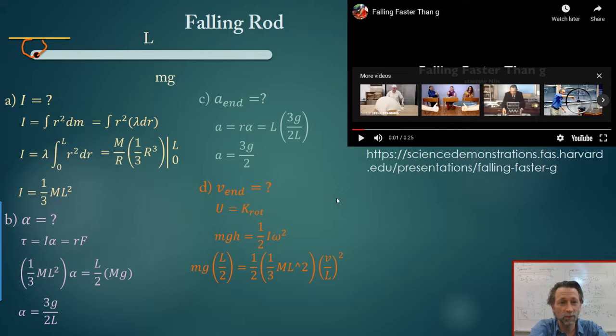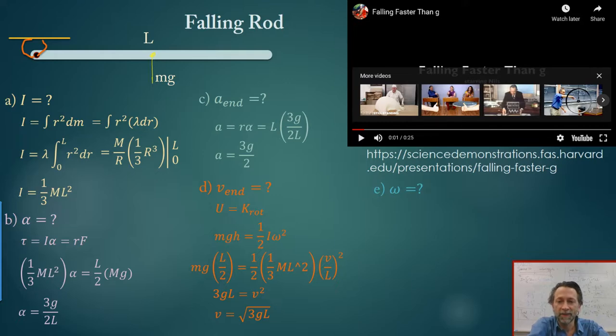Our height is going to be, again, the center of mass, which in that case was the 1/2 L, 1/2 of I, 1/3 ml squared. And then our angular velocity is really going to be the velocity over the length of the rod. And so we can say that the linear velocity at the end of the rod is going to be the square root of 3gL.